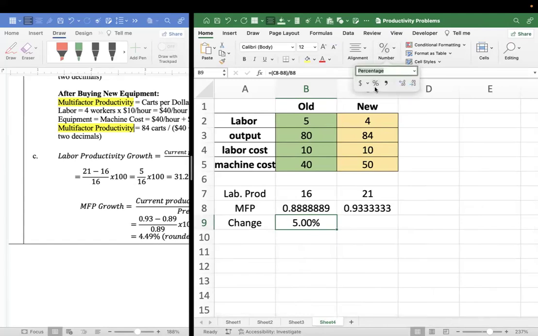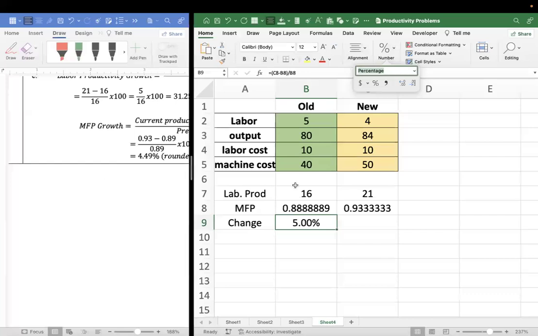In that case, you need to click here on percentage. So for instance, if you get something like 0.05, just click on this percentage and that would give you the answer.